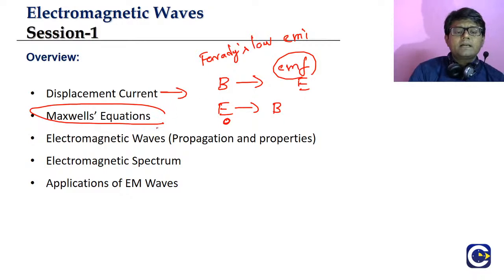That is the next part, and then we will look at the propagation of electromagnetic waves, because one of the straight applications of Maxwell's formulae is in looking at how the electromagnetic waves would propagate. We also look at the properties of electromagnetic waves.